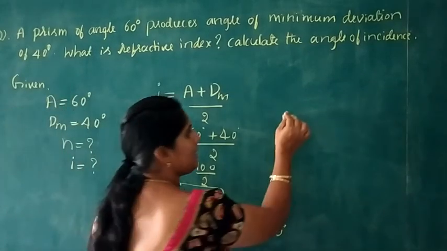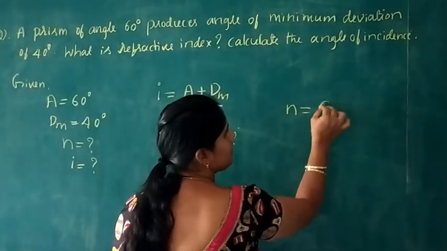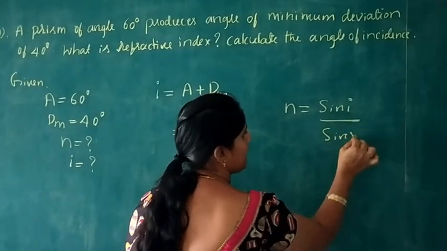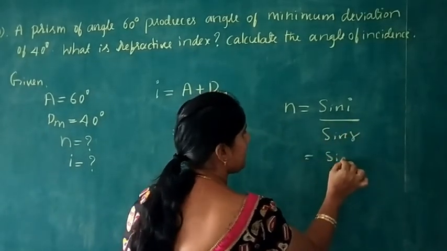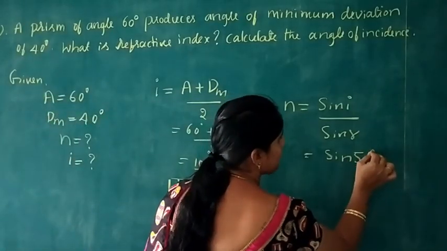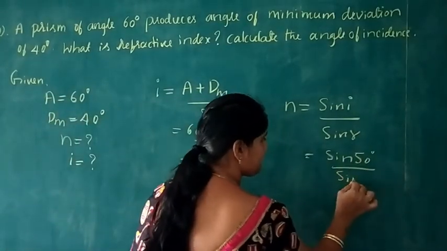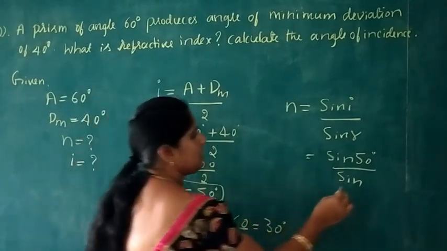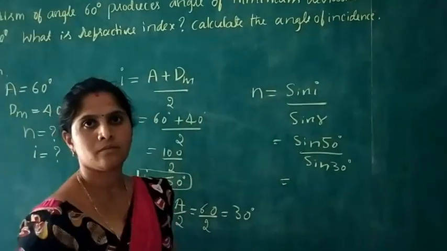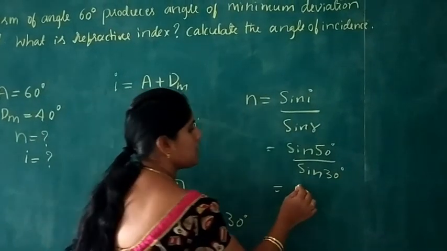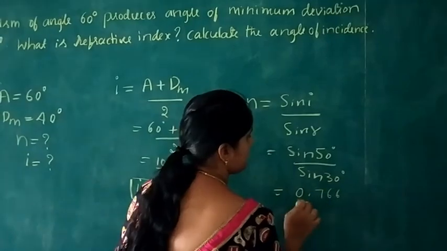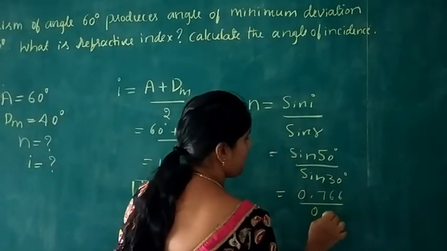Now calculate the refractive index. That is n is equal to sin i by sin r, that is sin 50 degree by sin 30 degree. Sin 50 is 0.766 and sin 30 is 0.5.